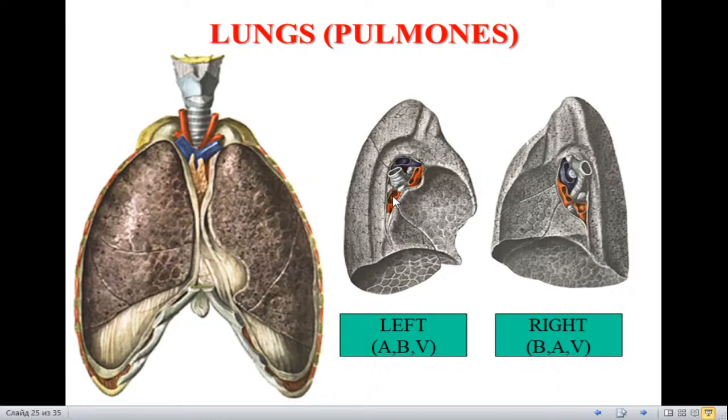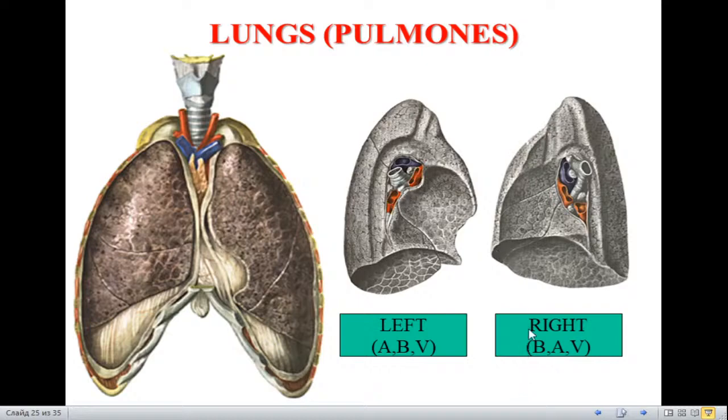That's why they are red in color in the pictures. So in the left lung we have ABV: artery, bronchus, and veins. The artery is most superior, then the bronchus, and finally the veins somewhat inferiorly.